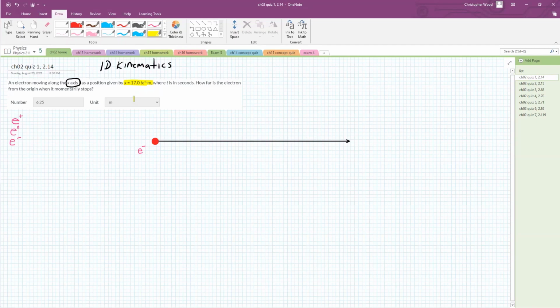If this electron is moving according to this function, how far is the electron from the origin when it momentarily stops? So let's do some explanation. What I'm doing here is going to be very similar to what you're going to do during an exam.